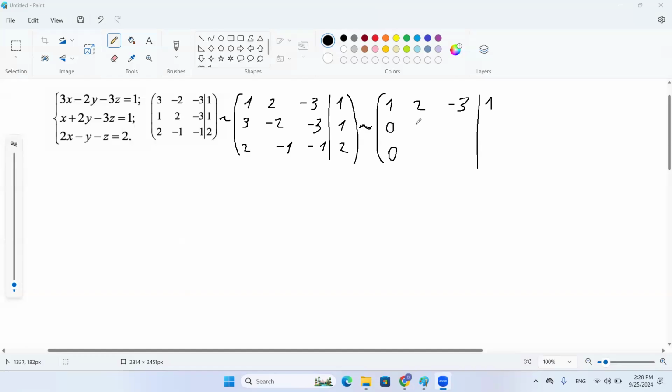So what do we have here? So we multiply 2 by 3, and then we have to subtract. -6. So -2 minus 6, and what we have? -8. Yeah, -8. And for this coefficient, -12.